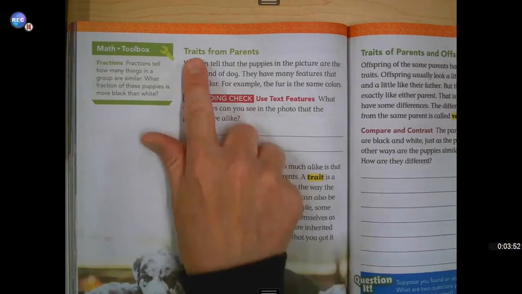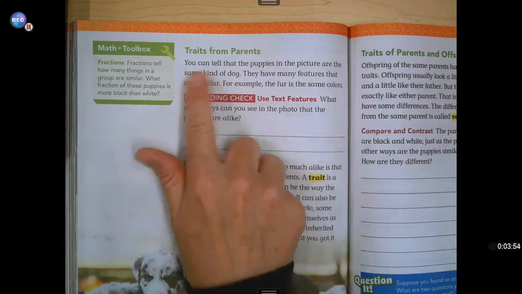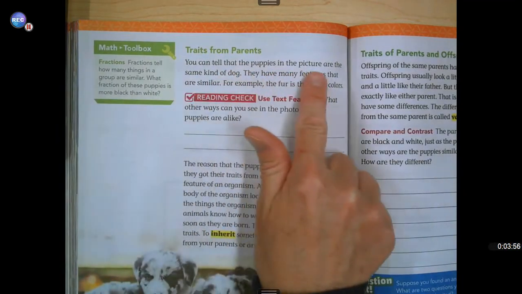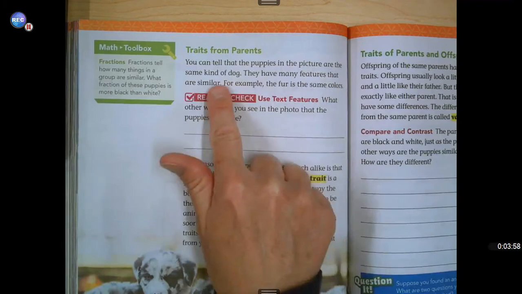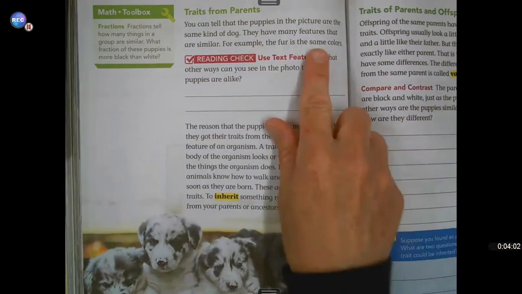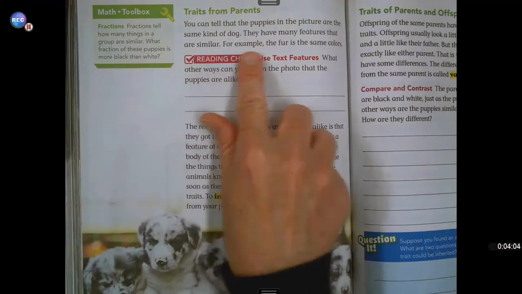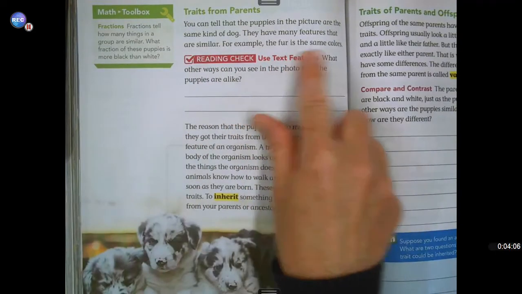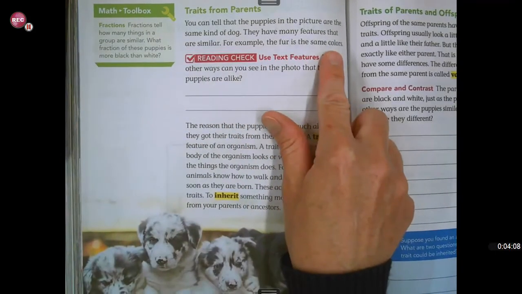It says traits from parents. You can tell that puppies in the picture are the same kind of dog. They have many features that are similar. For example, the fur is the same colors.